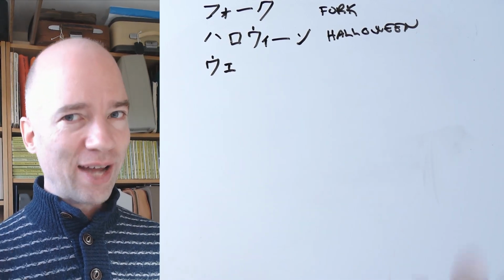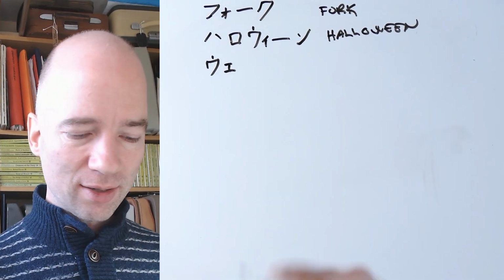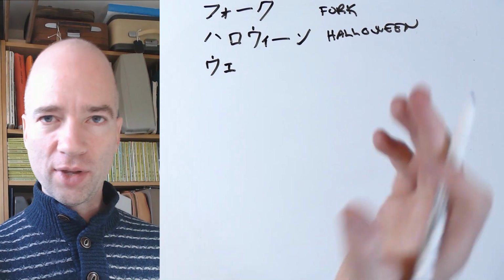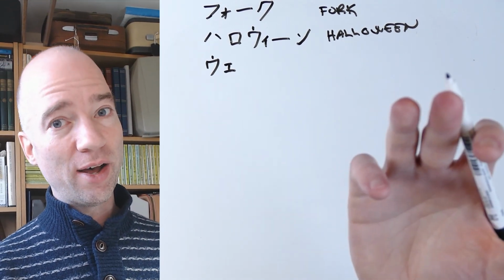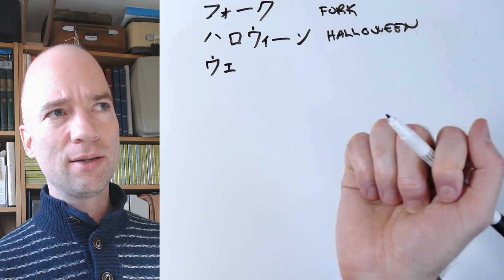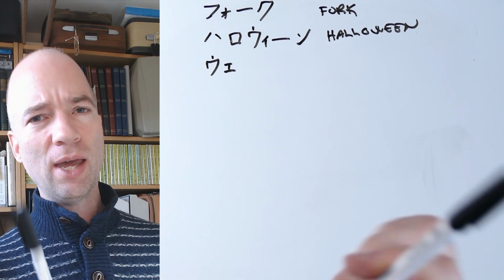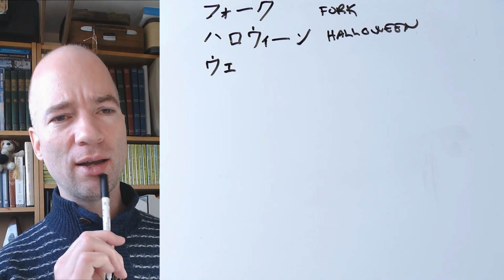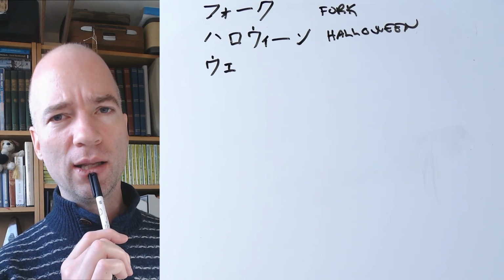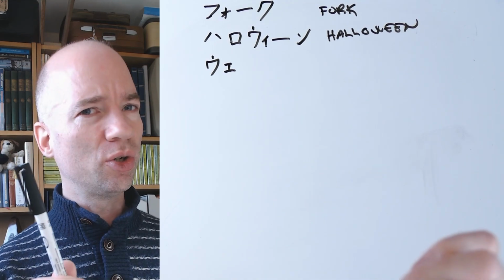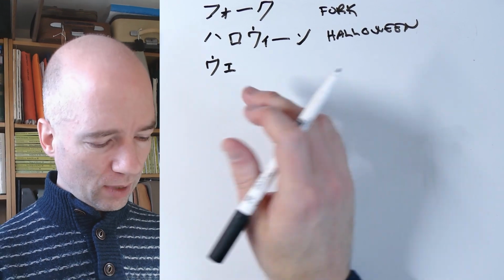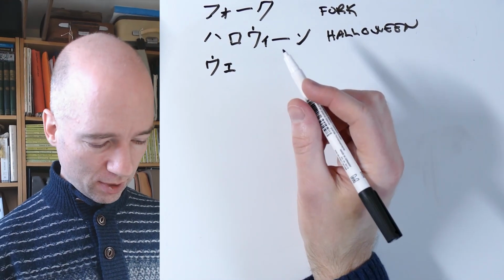This is a sound that is quite natural for a Japanese person to make. It just isn't part of the syllabary of the normal language. It may have been in the past. It may even be in some dialects. I think maybe in Okinawan they still have some we sounds? I'm not sure. But we is a very natural sound for a Japanese person.